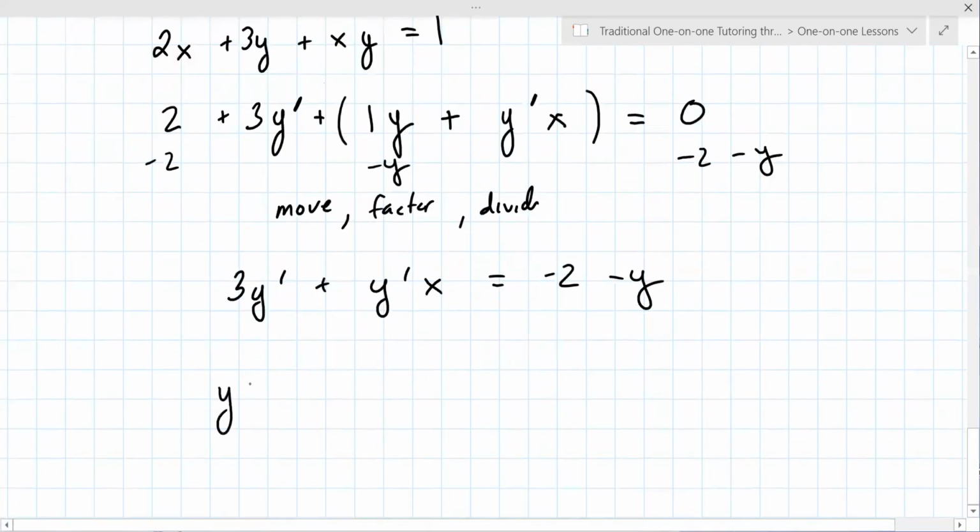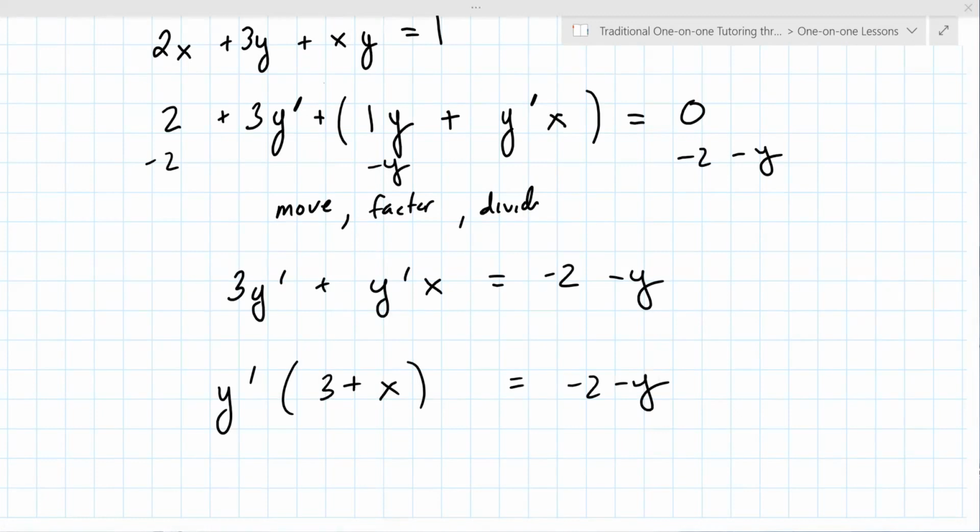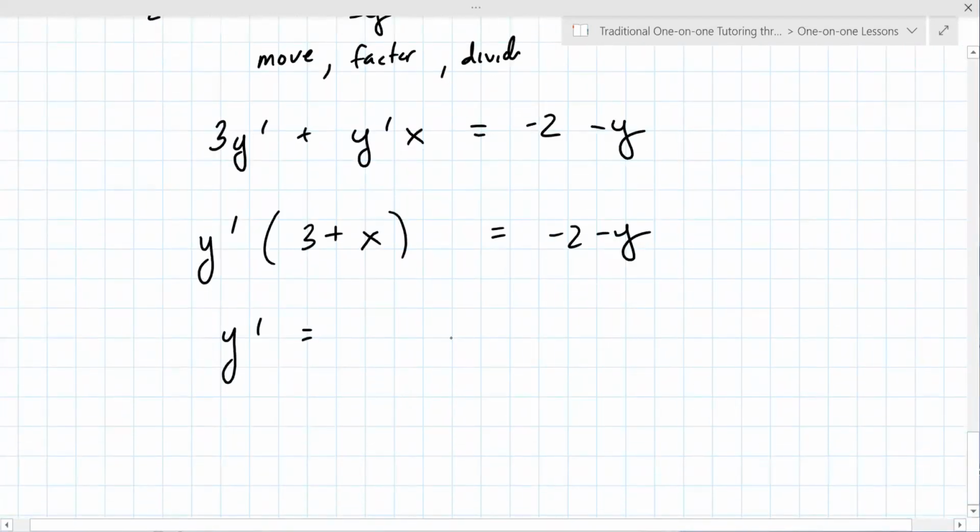Factor y prime out: 3 plus x. And then you divide by the 3 plus x. So y prime equals negative 2 minus y, over 3 plus x. As long as you wrote the right thing.